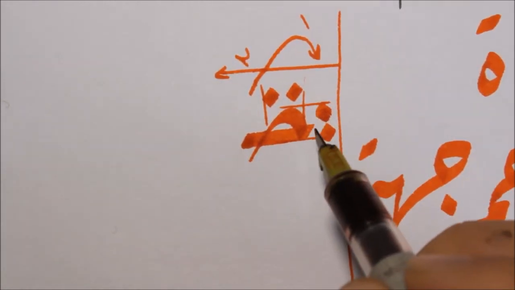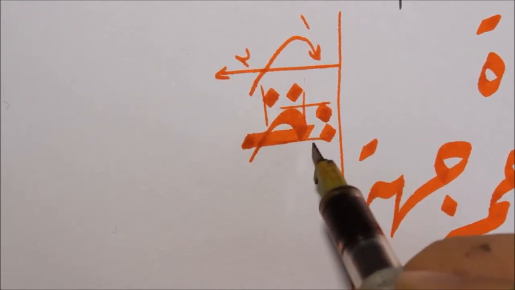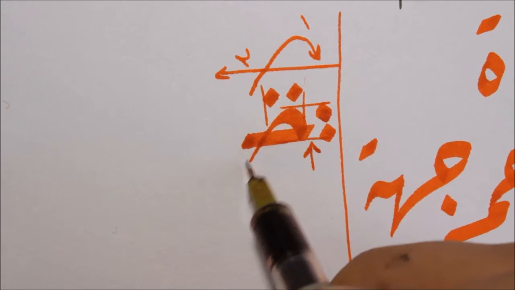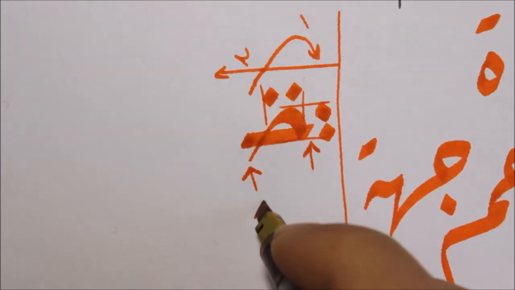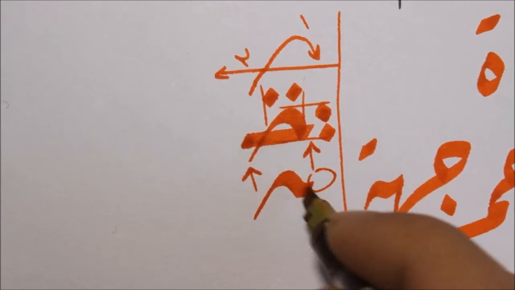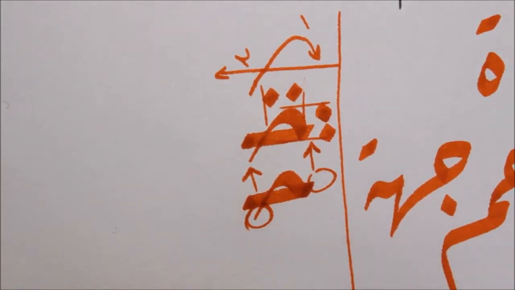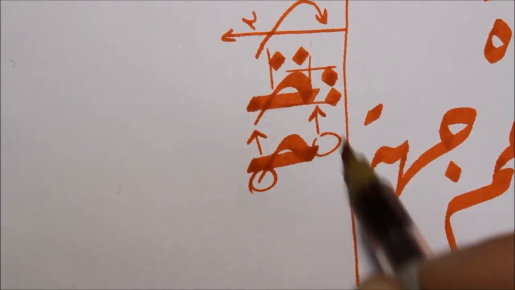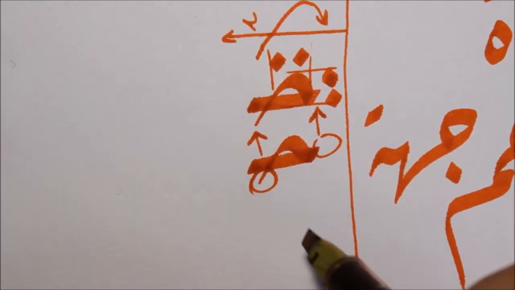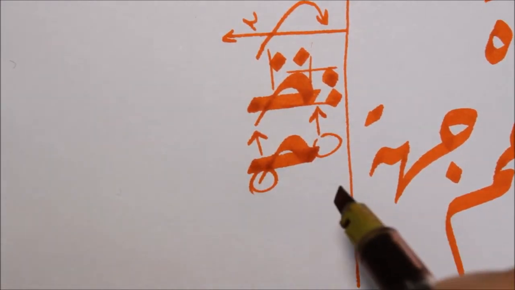The main features of this ha or jeem or kha are the following: this move and this move. You must have a nudge to the right and a dropping down here. If any of those two was missing, some people could think it's a sad.